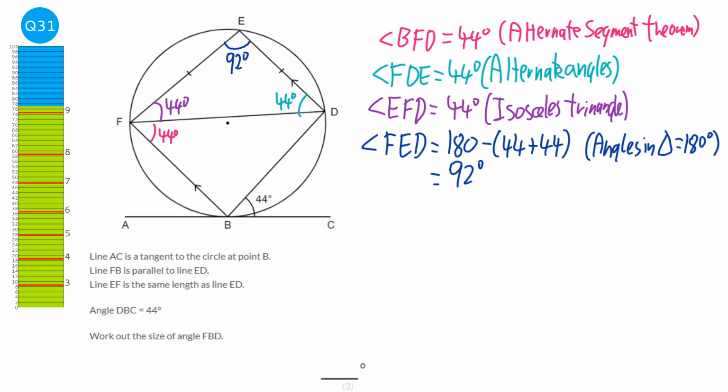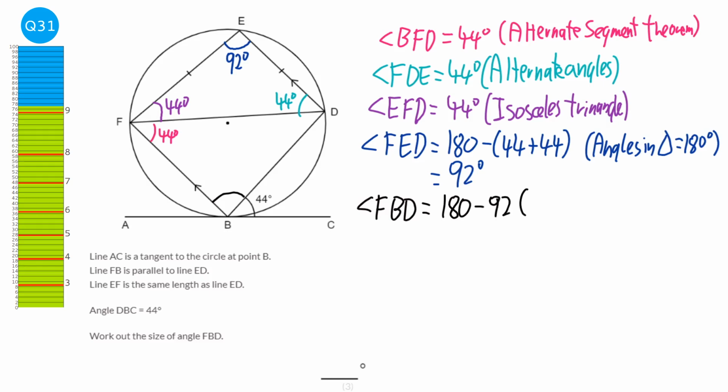And finally, took us a while to get there, but finally we can work out what this angle is, because in total all four corners of this quadrilateral here are touching the circle, so it's a cyclic quadrilateral. And so angle, what's it called in the question, angle FBD is going to equal 180 take away 92.